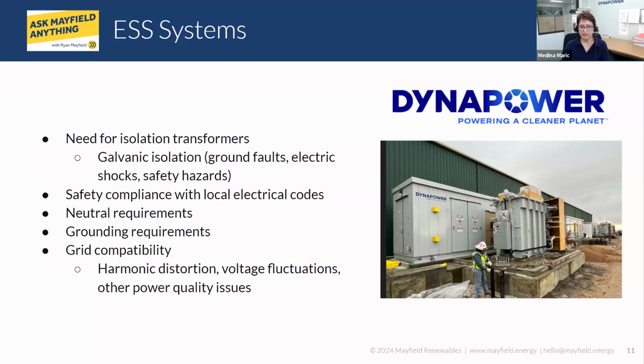For galvanic isolation, it will suppress any risk of ground faults, electrical shocks, and any safety hazards, and it will also help protect sensitive equipment from transient voltages and spikes.